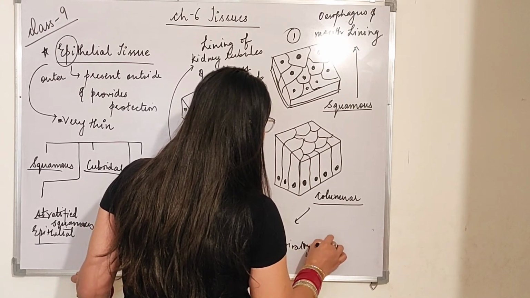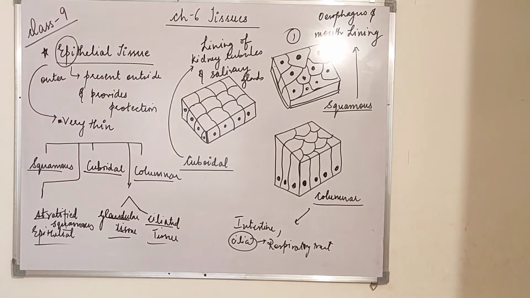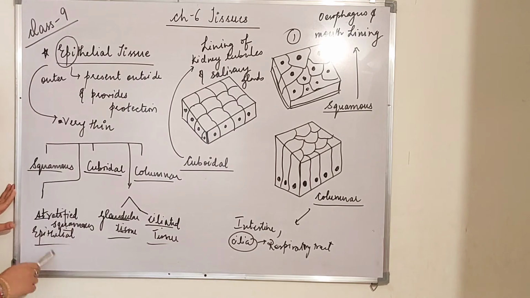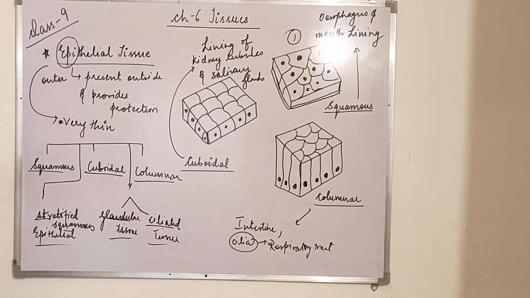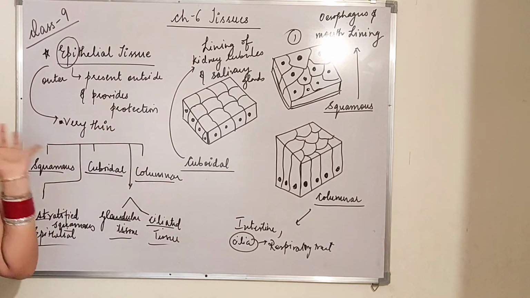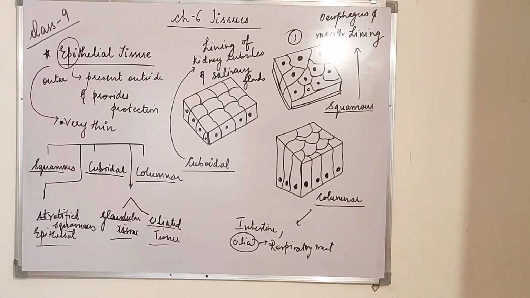The last one is this one, stratified squamous epithelial, beta. So you know that our skin, it is made up of many layers. Our skin is basically made up of stratified squamous epithelial tissue. Many layers are present, beta, to prevent wear and tear.